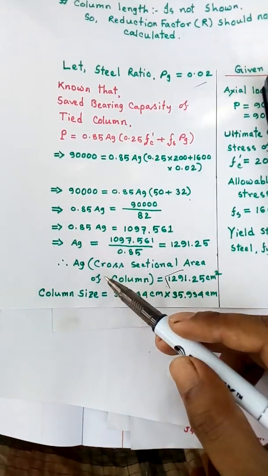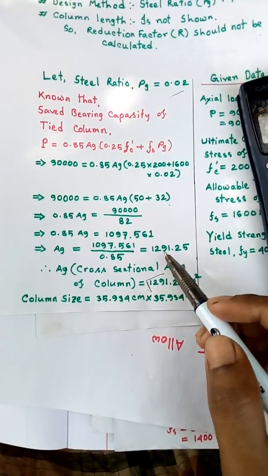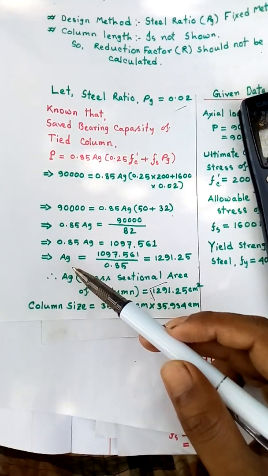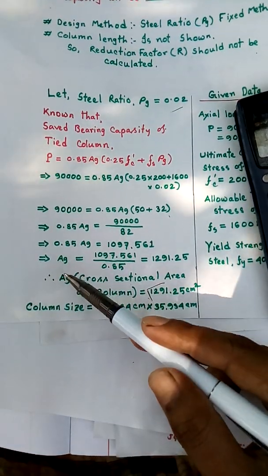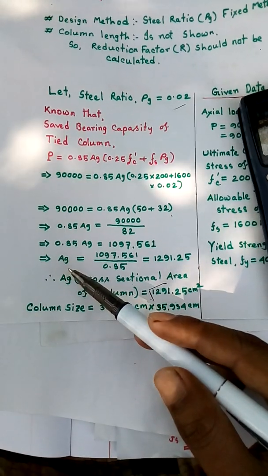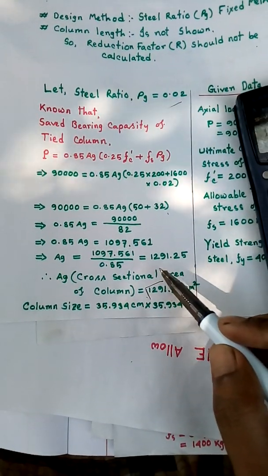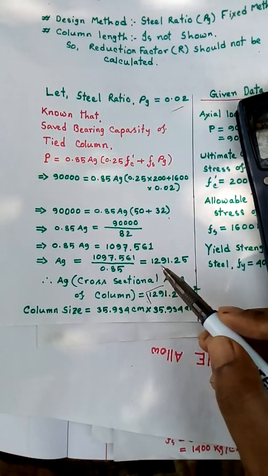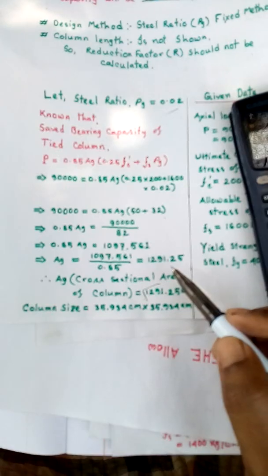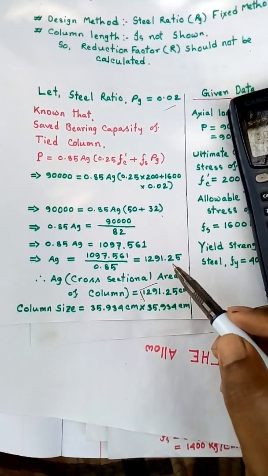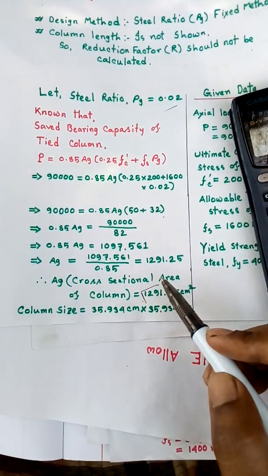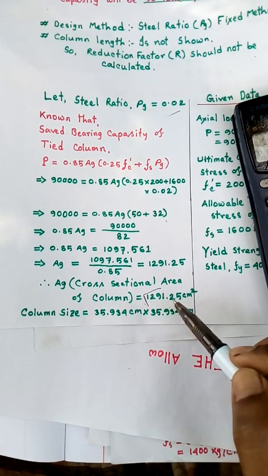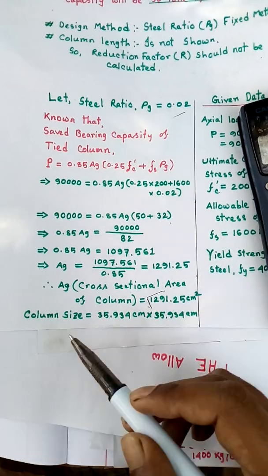This is the value for Ag. Ag stands for the cross-sectional area of the R.C.C column. So the cross-sectional area of the column Ag is 1291.25 square centimeter.